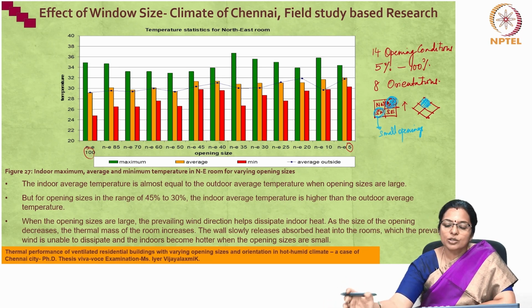This study was completely done using field-based data. Indoor air temperatures in all the 8 rooms were measured using instruments for continuous periods during the summer time in Chennai. And here I am specifically taking only the northeast room to demonstrate how size of the window matters with respect to the indoor thermal performance.